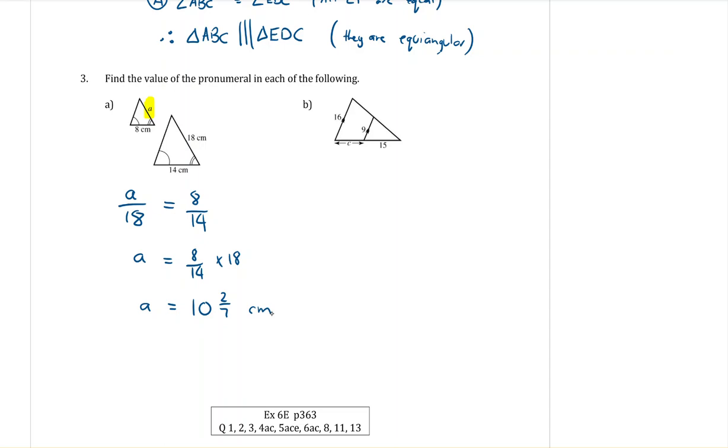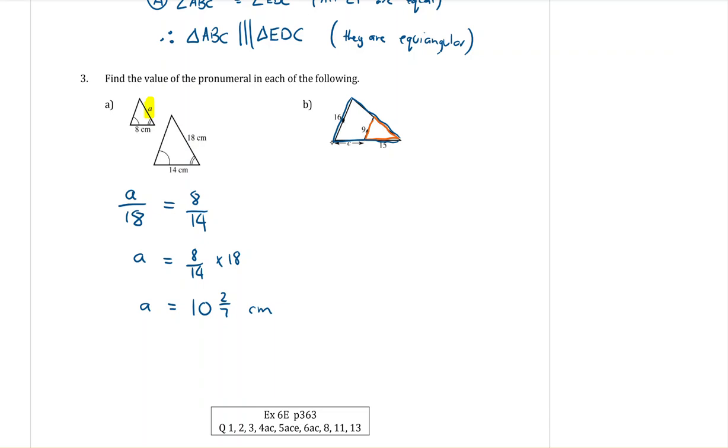Okay, B. In B, we have got two triangles. I have got a little triangle in here, and I'm going to do that bigger one around the outside, the blue one. Or maybe I'll need to do that a bit closer so you can still see the measurements. There we go. So you've got a little orange one and a big blue one going around the outside.